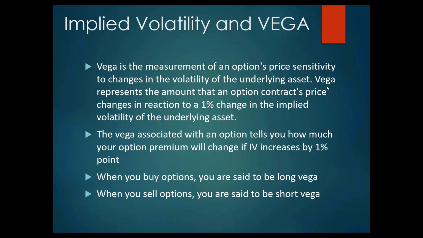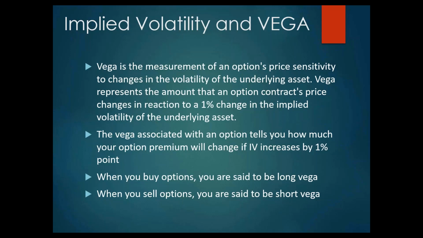But the options chain and all the options of an underlying asset do have implied volatility. Every option has its own implied volatility. Vega represents the amount an option contract's price changes in reaction to a 1% change in the implied volatility of the underlying asset.